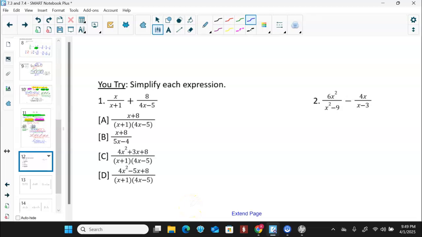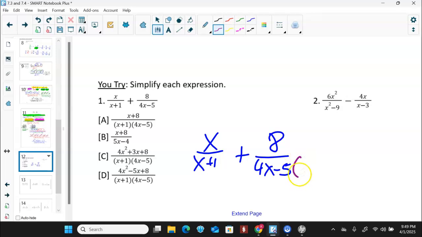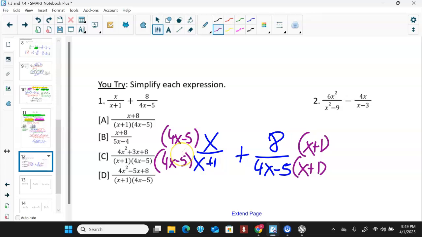So we got x over x plus 1 here, plus 8 over 4x minus 5. Now, once again, x plus 1 and 4x minus 5 have nothing in common. So what we can do here is multiply this by x plus 1, and then what we can do here is multiply it by 4x minus 5, top and bottom, okay?